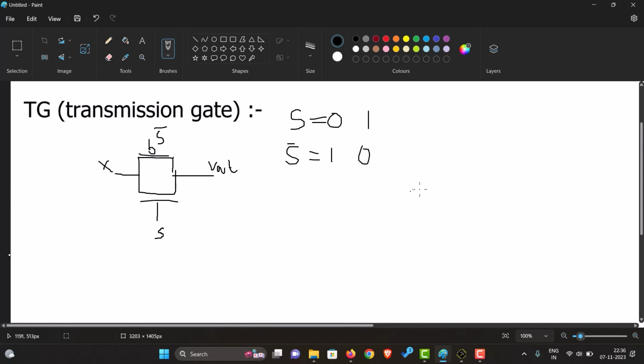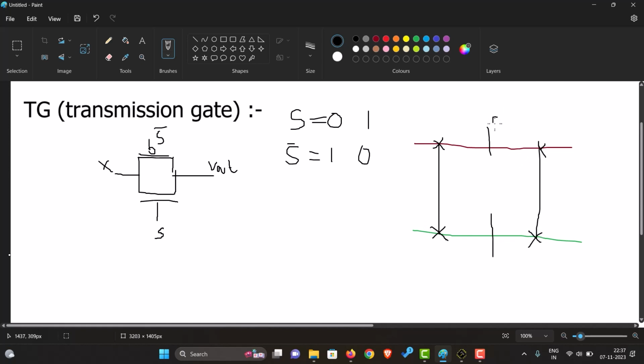So let us see how to make a stick diagram for this. First we'll have an NMOS, then a PMOS. Then there are two different polysilicons in this one and they are not connected to each other. Then there is a connection over here, the sources of both of them are connected and the drains of both of them are also connected.